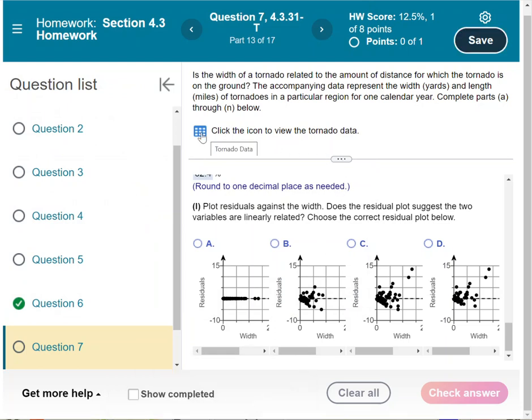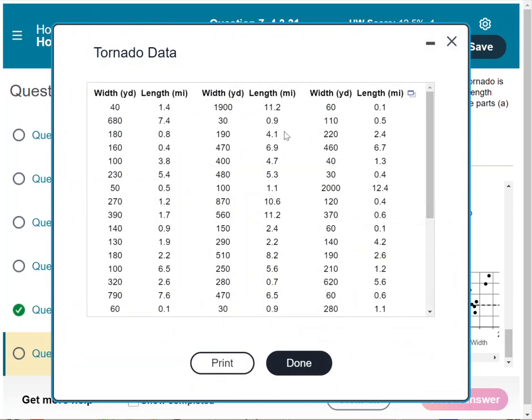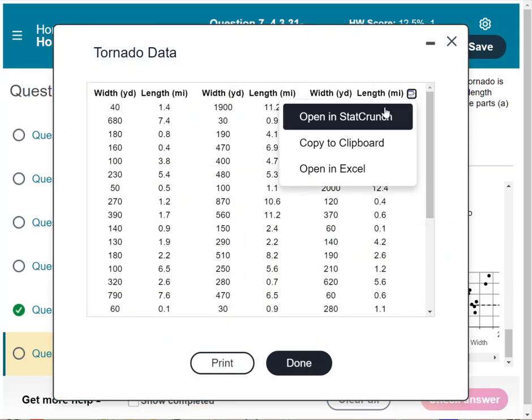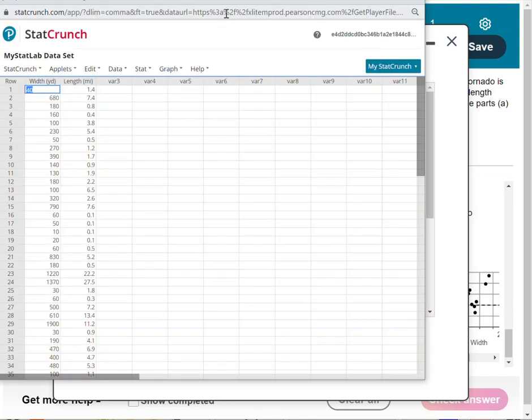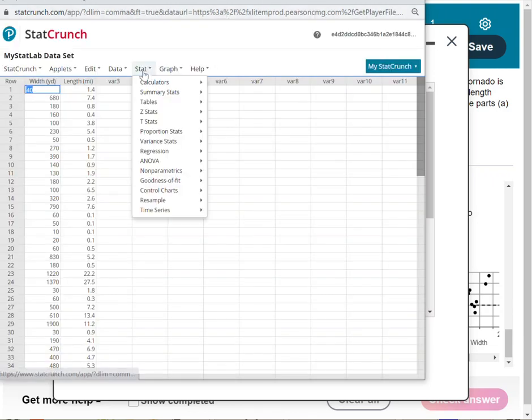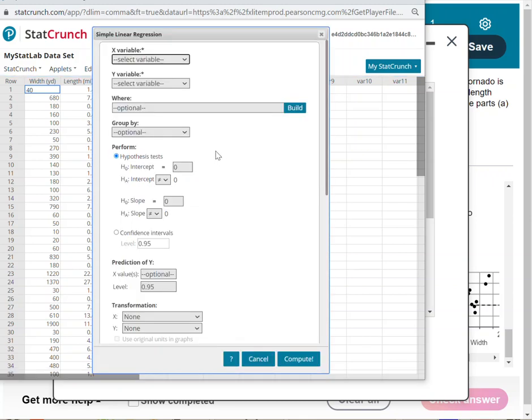Okay, so let's go ahead and just go to the data, go to StatCrunch. We're going to do things a little bit differently here. So we want to go to, again, regression, simple linear, and we'll select the same. Our width is our x variable, our independent variable, and our length is the dependent variable.